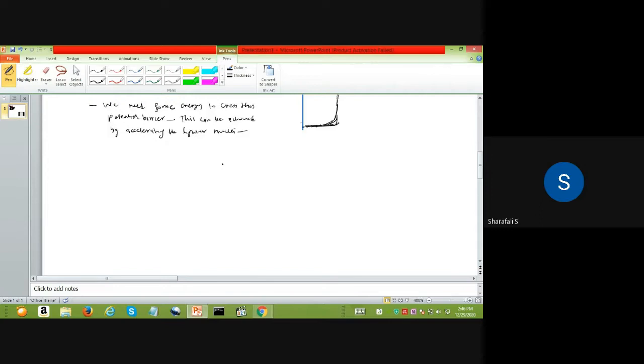The fusion reaction, once it happens, will produce some energy. That energy must be higher than the energy used to accelerate those particles. Then only can we have some gain in energy. Okay, so that is one limitation that we have to consider.